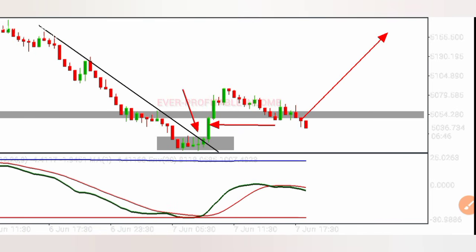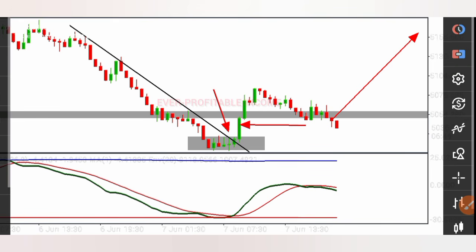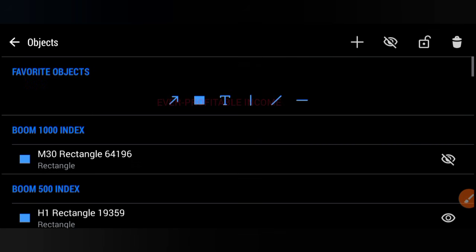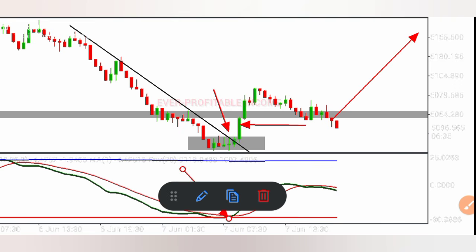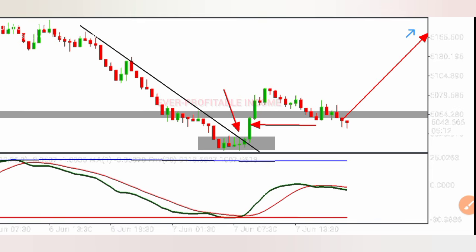When you look at this indicator right here, you can see that it shows it has reached the support zones. So the indicator is going to help you know when you have reached the support zone. Looking at our indicator window, we have three indicators. We have the envelope.